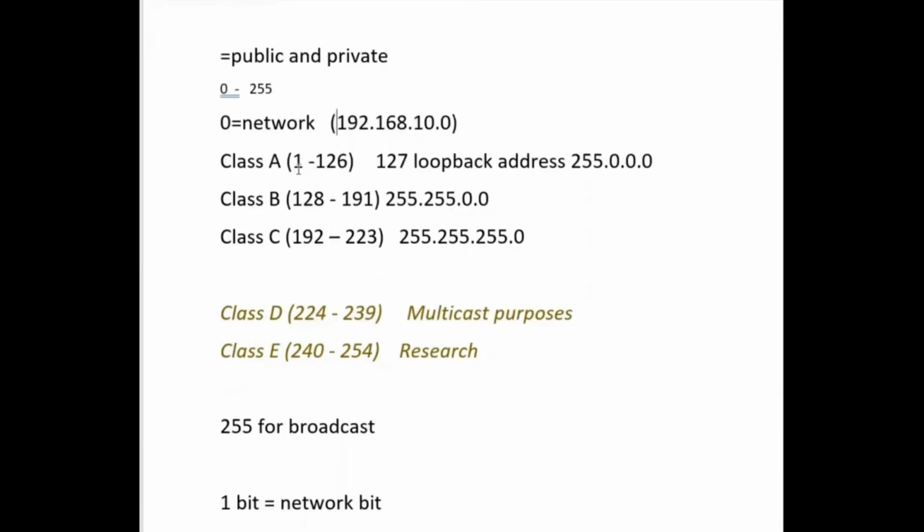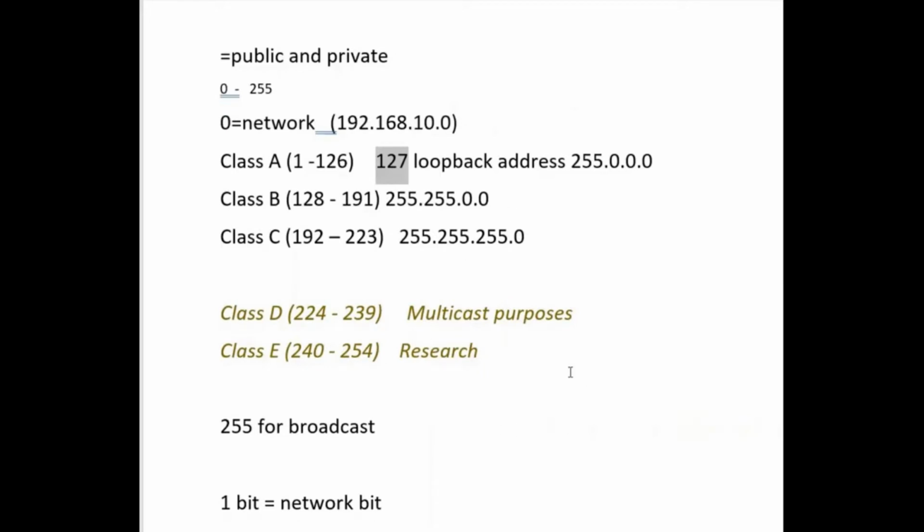Then another address is missing here, see the 127. If any address starts with 127, it is called a loopback address. What is a loopback address? A loopback address is used to check or test our own network connectivity.